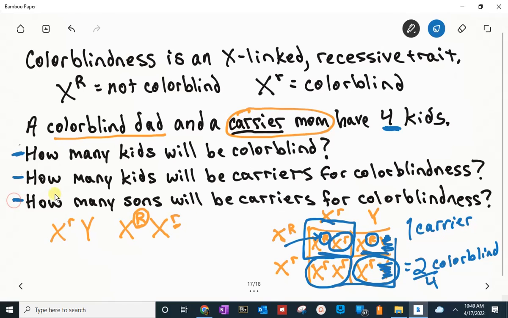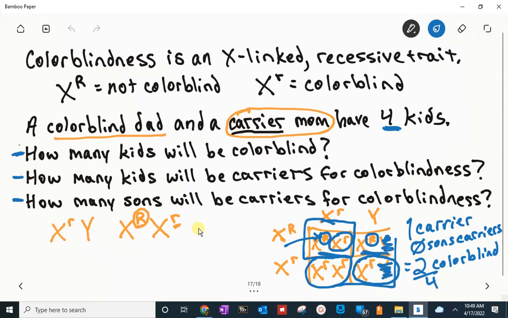And then how many sons will be carriers for colorblindness? Well, sons do not have a second X chromosome to carry a recessive gene along. They either have colorblindness or they don't, because they only have 1 X chromosome. So we're going to have 0 sons as carriers.